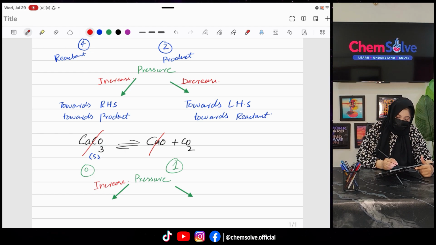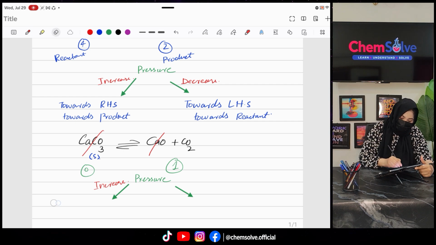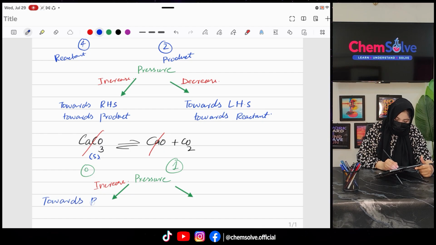There are 0 moles. So I will say it will shift towards left hand side, towards reactant.